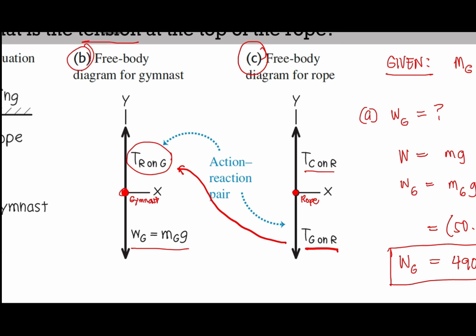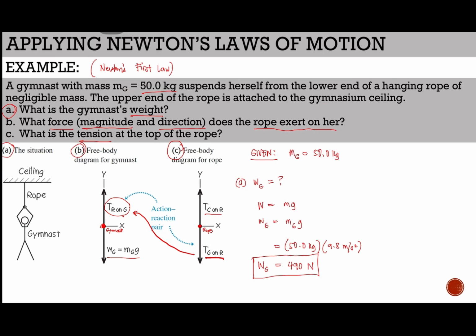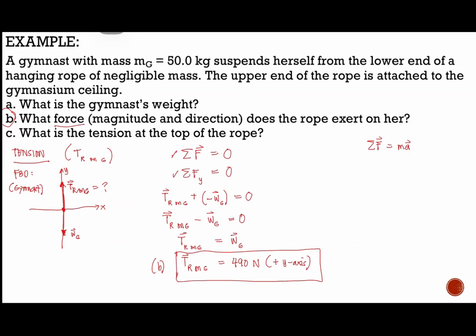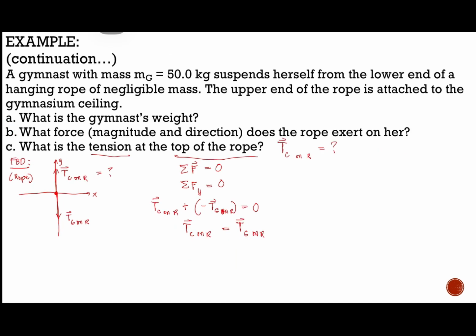So the tension force that the rope exerts on the gymnast, which we solved in letter B, is 490 along the positive y-axis. Meaning, the tension force that the gymnast exerts on the rope is on the negative y.